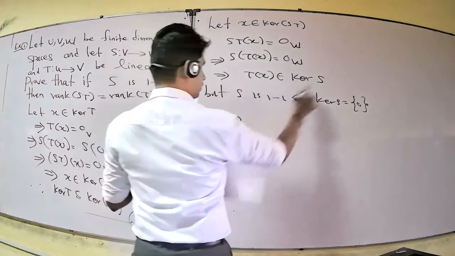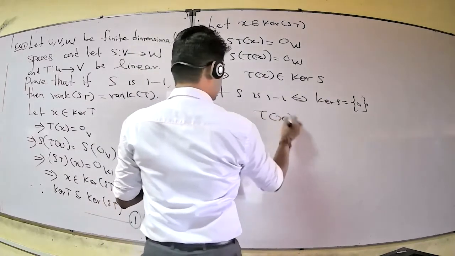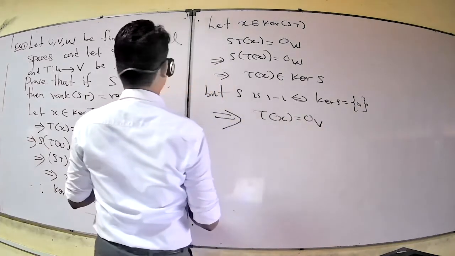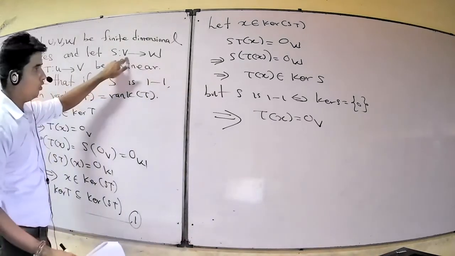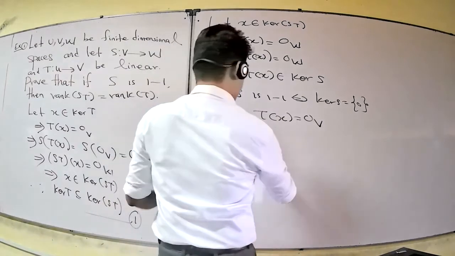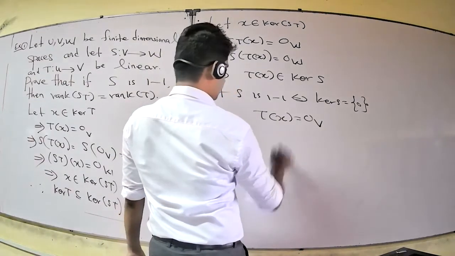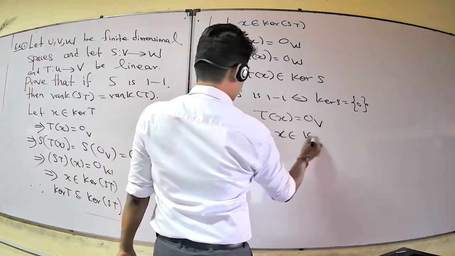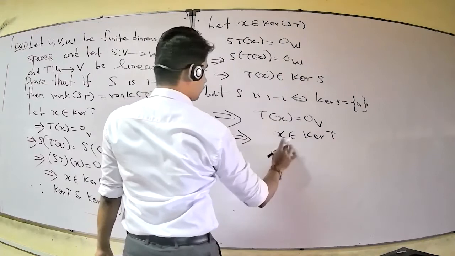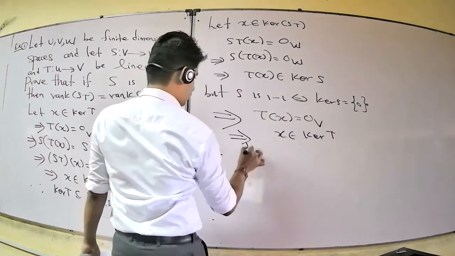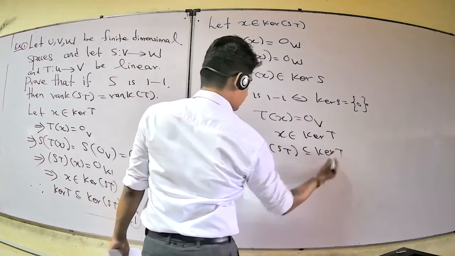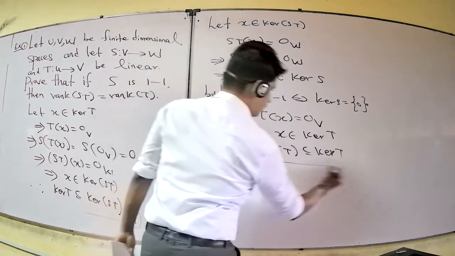Therefore T of x takes only the value 0_V. Therefore T of x equals 0_V means x belongs to kernel of T. You assumed x belongs to kernel of ST and proved x belongs to kernel of T. Therefore kernel of ST is a subset of kernel of T. It is your second condition.